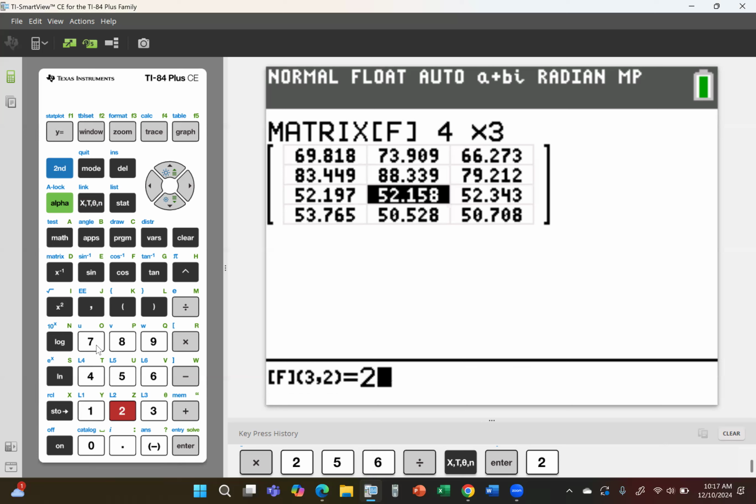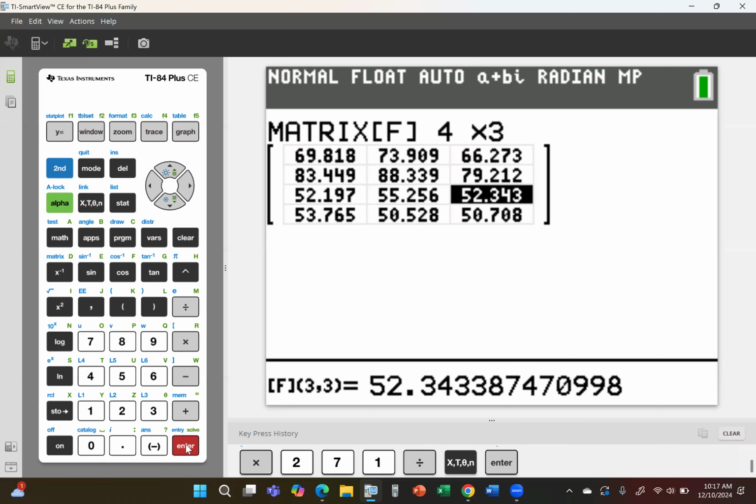Well, I'm doing it the wrong way. So it's, what row am I in? 157 times 271 divided by 770. Is that correct? Yep.